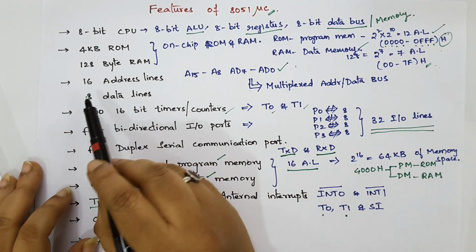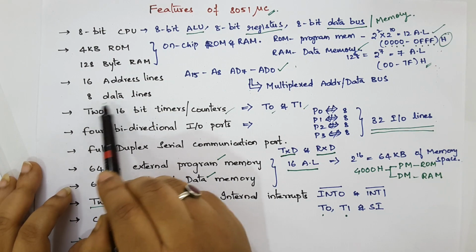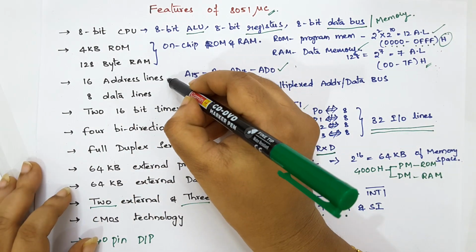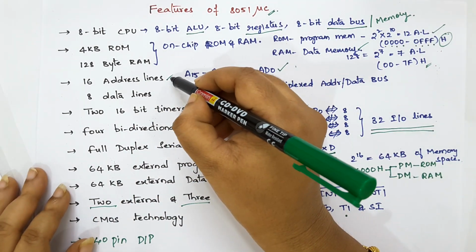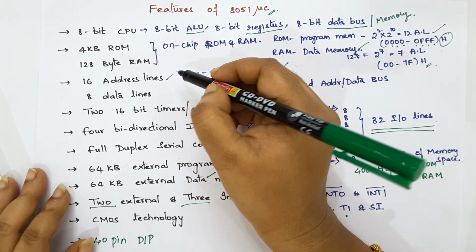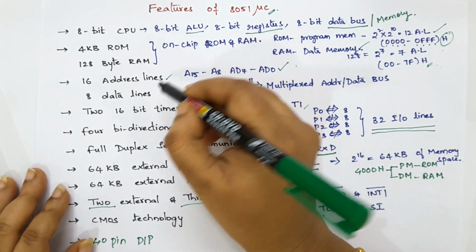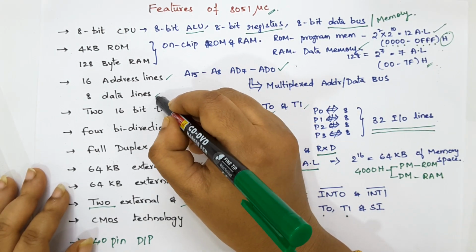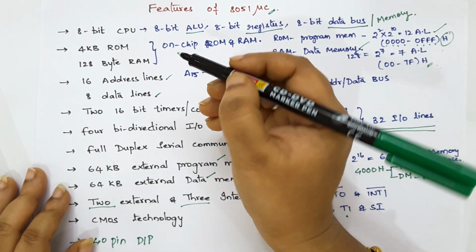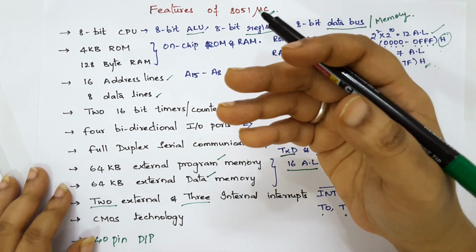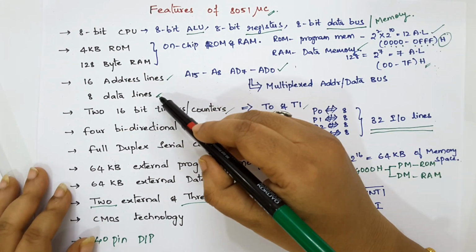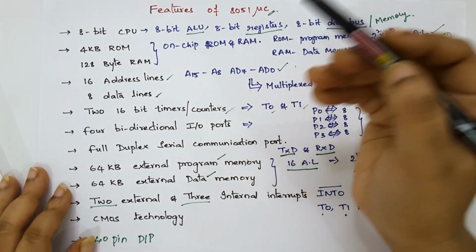The 8051 has 16 address lines and 8 data lines. So what are these address lines? Address lines give the capacity: how much memory can be interfaced to the microcontroller or to the microprocessor. The number of data lines gives how many data bits can be sent to or received from the microcontroller.